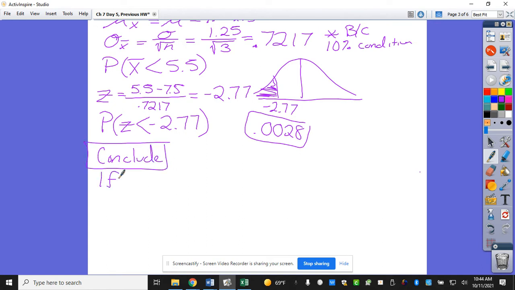Which starts with if what? So if we were to randomly select how many? 3 what? Newborn children.